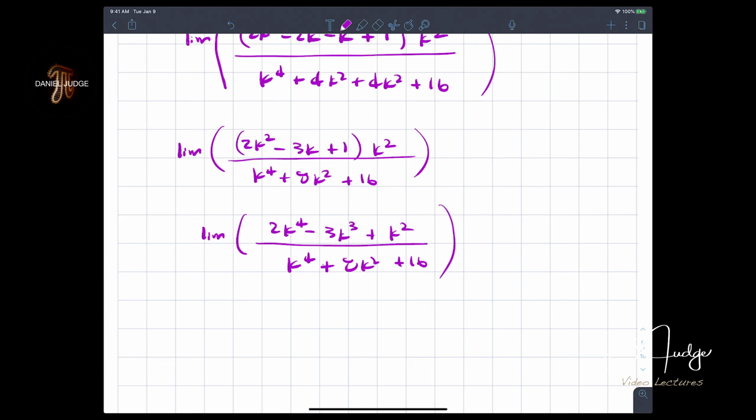And this is k goes to infinity because they gave us a variable k. Now, what you guys would do is use calculus: divide by the variable with the highest power in the denominator.